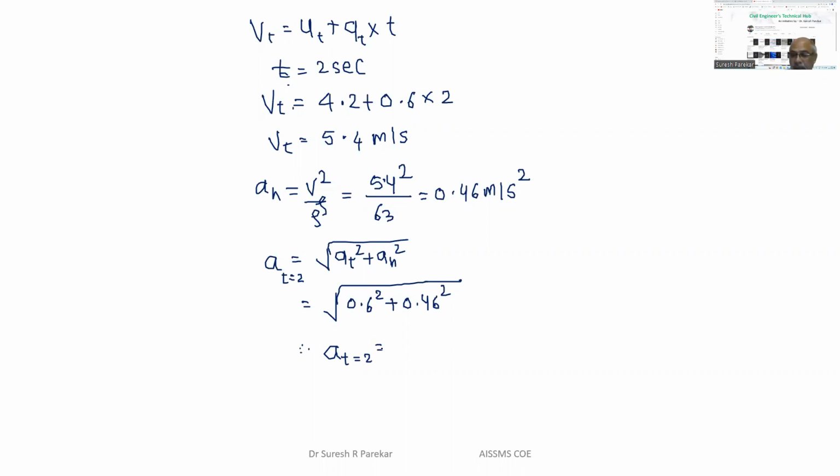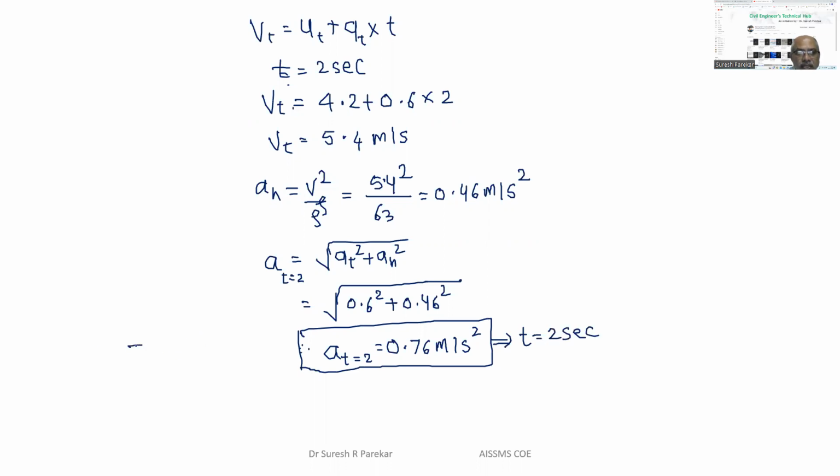We have to calculate 0.6 square plus 0.46 square, and the root of this we have 0.76 meters per second square. So this is the total acceleration at t equal to 2 seconds.